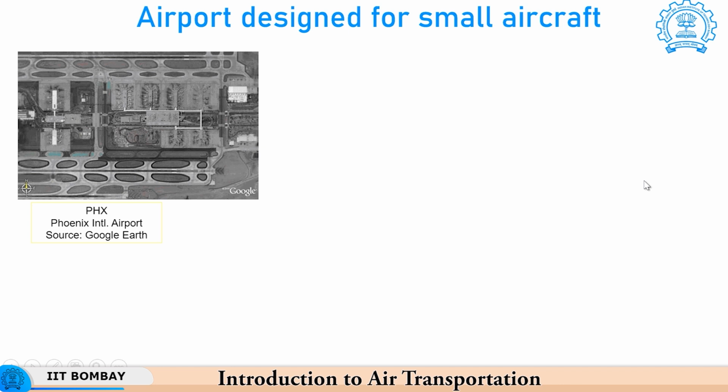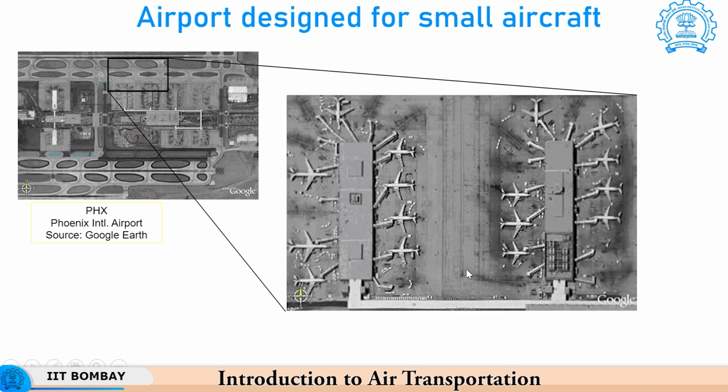Here is an example of an airport designed for small aircraft. This is the Phoenix International Airport. So, here you can see that there are these 2 terminals, both are like fingers, and all around that finger there are aircraft, and all the aircraft that you see are roughly of the same size. So, this airport normally services passengers with narrow body aircraft.